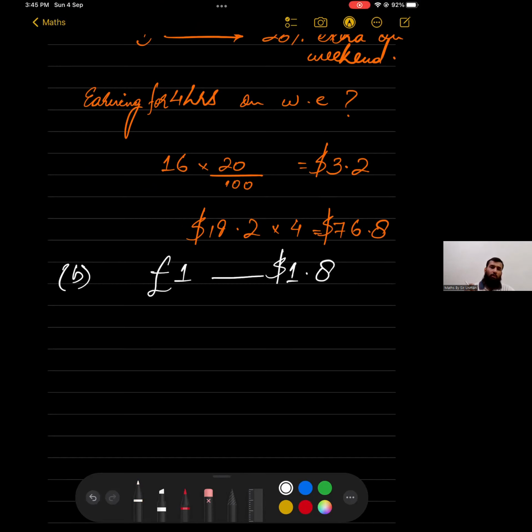And he is converting $270 into pounds. We need to figure out the value in pounds that would be received. You just need to cross multiply this and you would have your final answer.